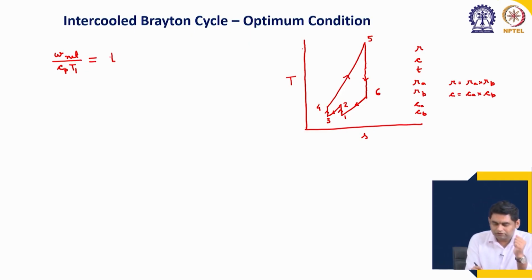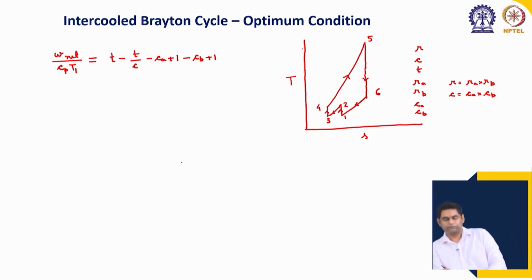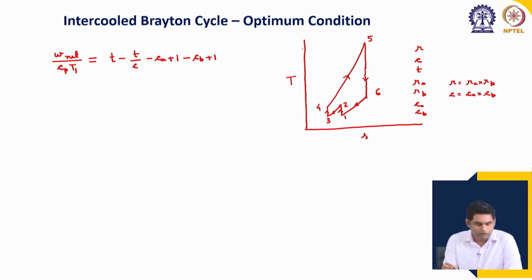W net by CpT1 is equal to T minus T by C minus CA plus 1 minus CB plus 1. This was derived by using the expression of W net, which is the work output from the turbine minus the work input to both the compressors.